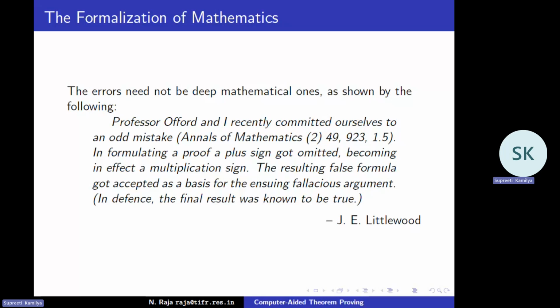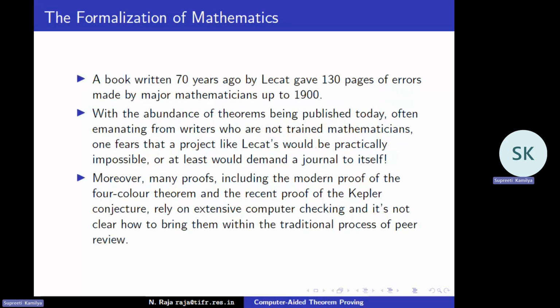These are very well established mathematicians, leading figures of their time, and they still make errors in proofs. Here is something interesting. There is a book by Lecat. Unfortunately, it's in French. This was written about 70 years ago, and he lists about 130 pages of errors made by major mathematicians up to the year 1900.